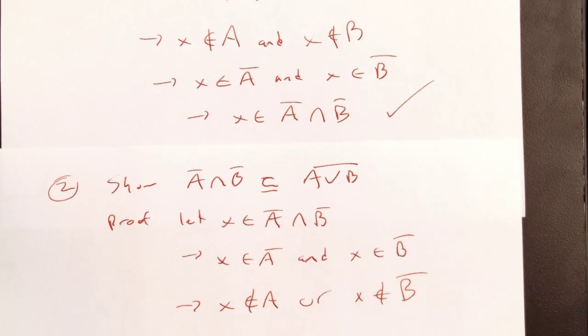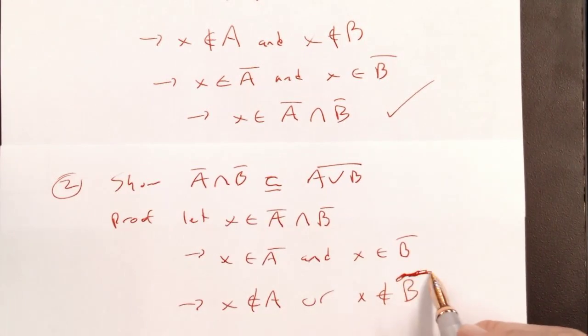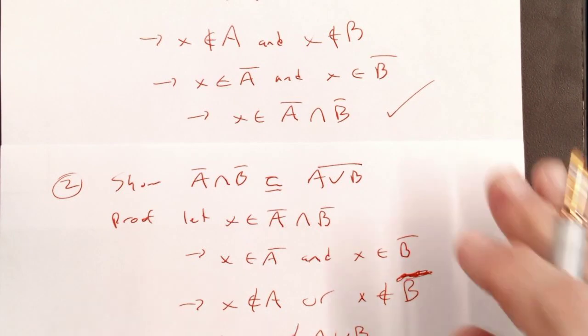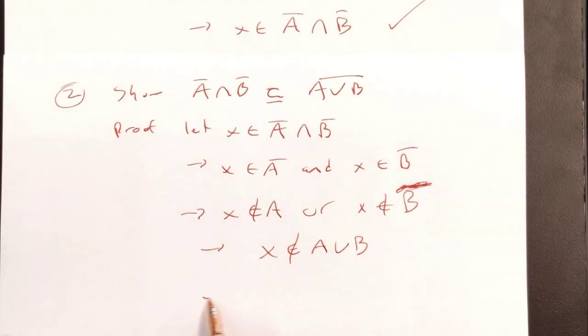Flips over. Oh, there should be a bar on this one. Got to write the right stuff, people. Catch me at it. Well, if it's not in A or it's not in B, then X is not in A or B. And that means that X is part of the complement, which is what I wanted.